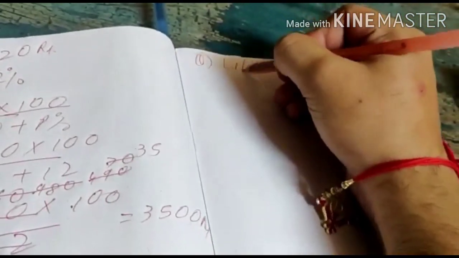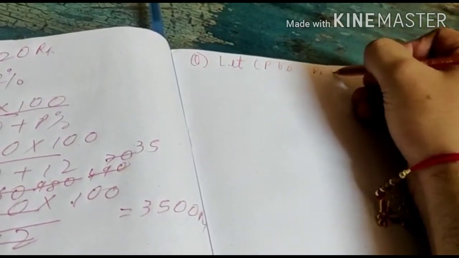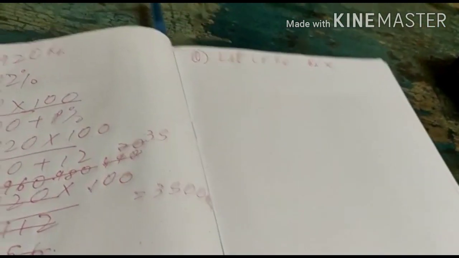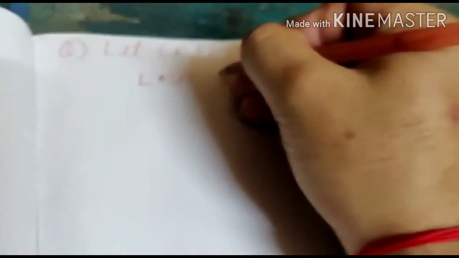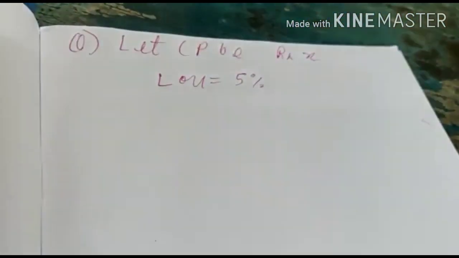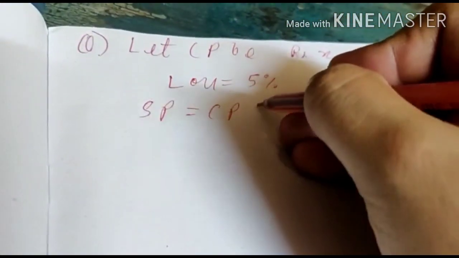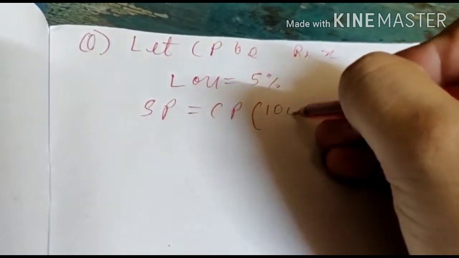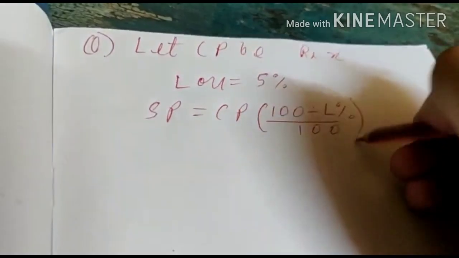Let CP be rupees X. CP is rupees X, and here it is said that the loss is 5%. When the loss is 5%, our SP will be equal to CP into 100 minus loss percent upon 100.